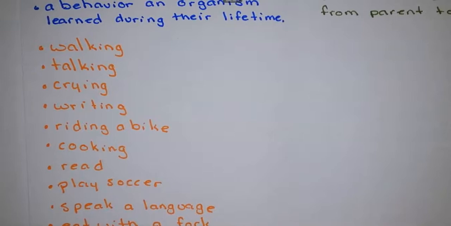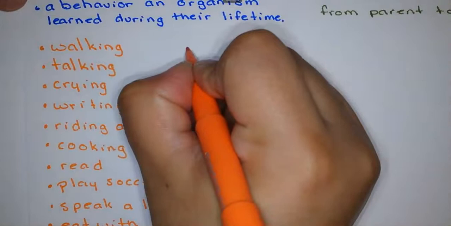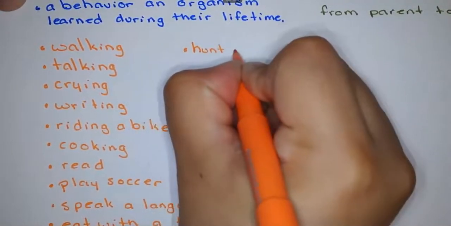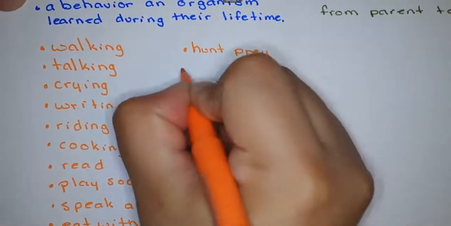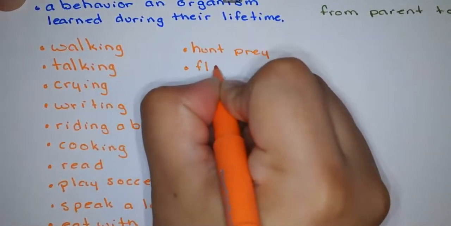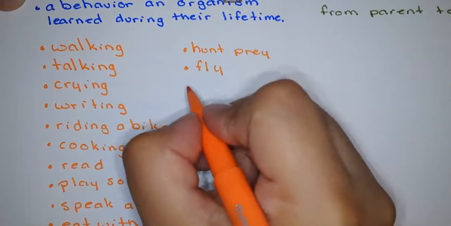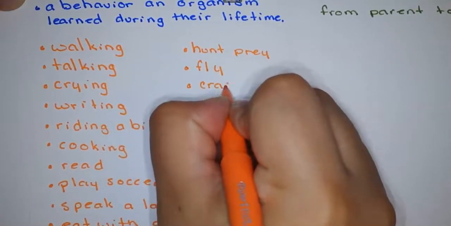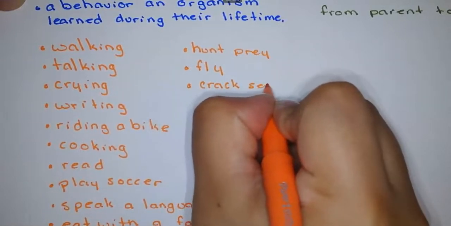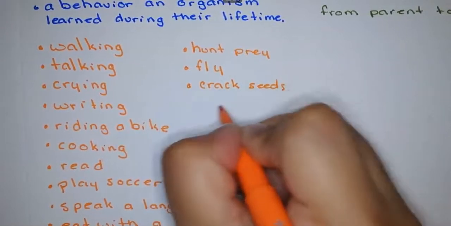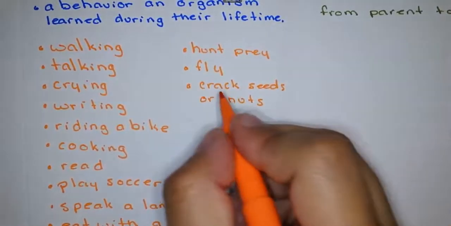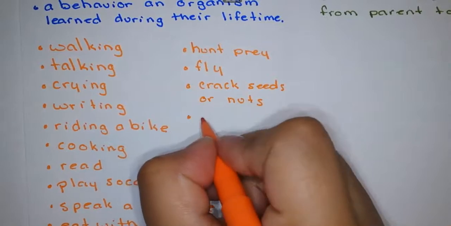Now, animals learn how to hunt prey. They learn how to fly. They learn how to crack seeds or nuts. A parrot learning how to say hello.